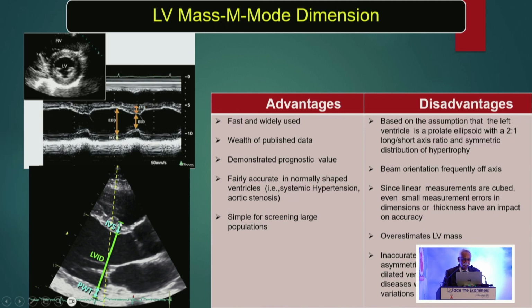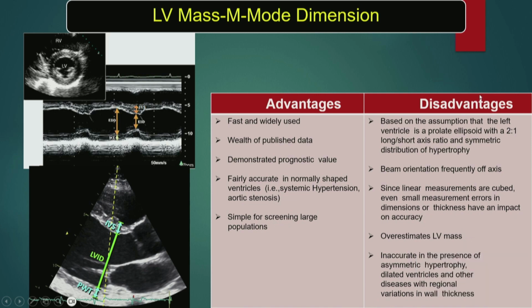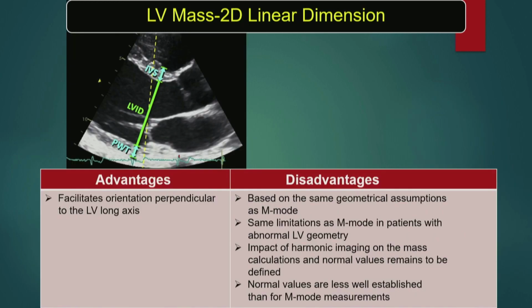We measure the interventricular septal thickness, left ventricular posterior wall thickness in diastole, and left ventricular internal diameter in diastole. From that, we can calculate the left ventricular muscle mass, and multiply it by 1.08 to get so many grams of left ventricle in that person.